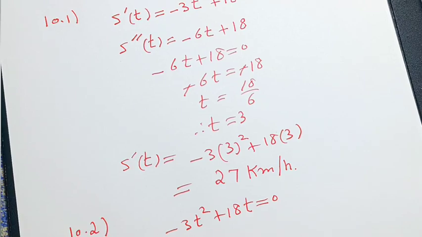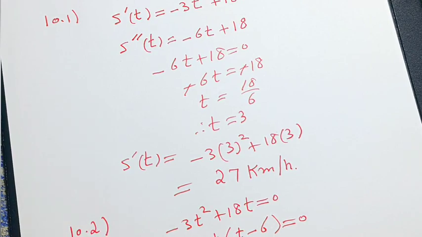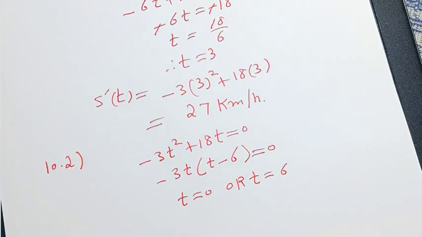Now we need to solve here for t. The negative 3t is a common factor, and we get t minus 6 is equal to 0. So now we are left with t minus 6 is equal to 0.